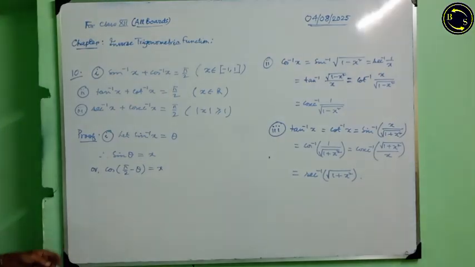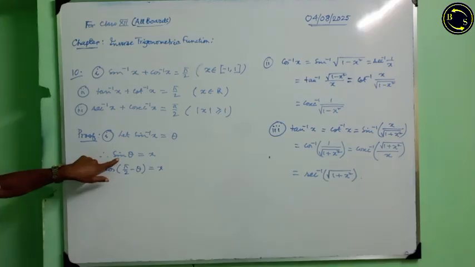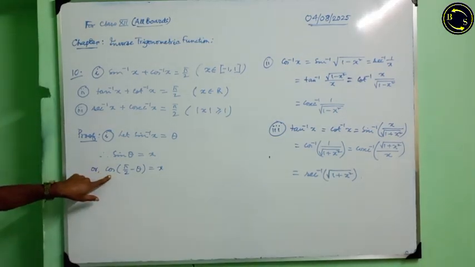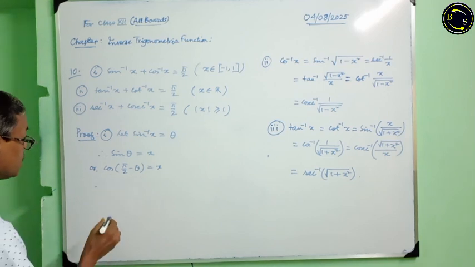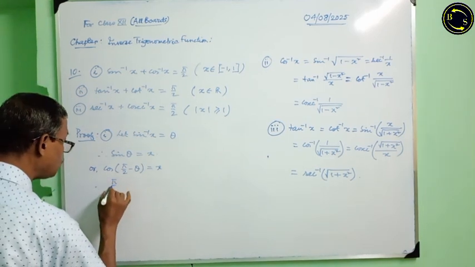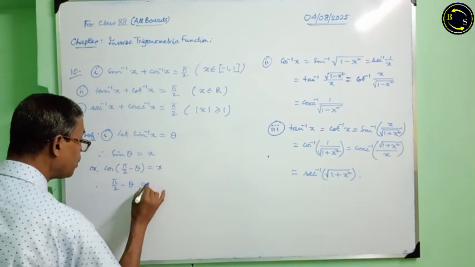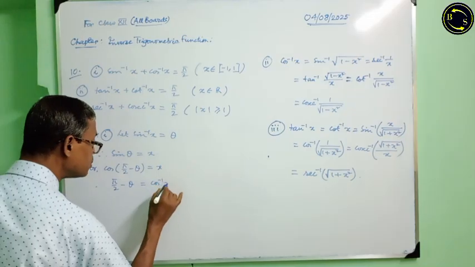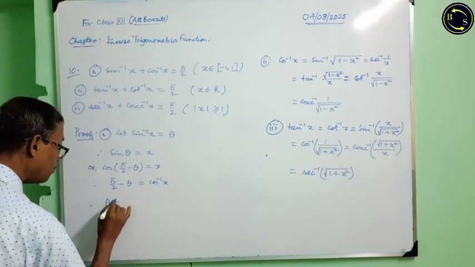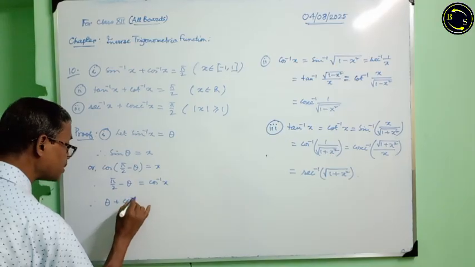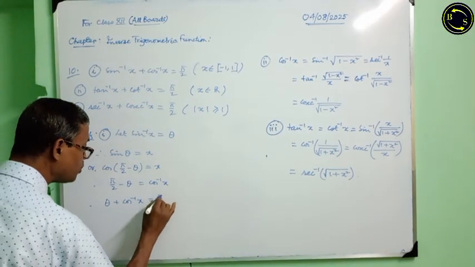Note this one. I have written sine in cosine form. Therefore, as per definition of inverse, pi by 2 minus theta equal to cos inverse x. Therefore, I can write theta plus cos inverse x is equal to pi by 2.